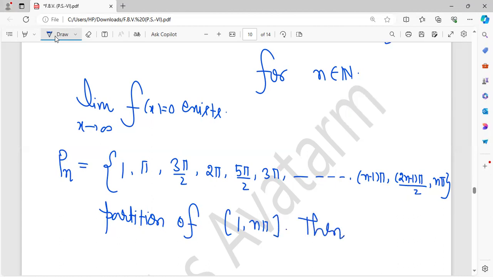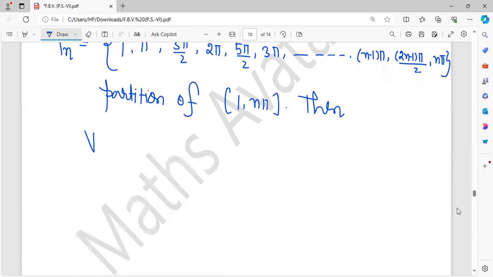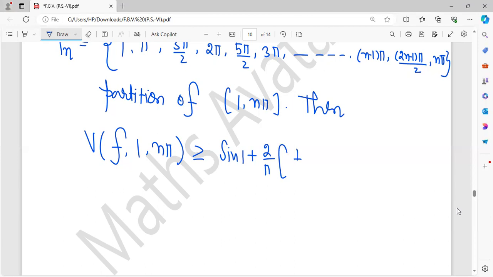Then what do we have? The variation of f on [1, nπ] is greater than sin 1 plus 1, and it is 2 upon π times (1 upon 3 plus 1 upon 5 plus 1 upon 7, like that, up to 1 upon 2n minus 1).